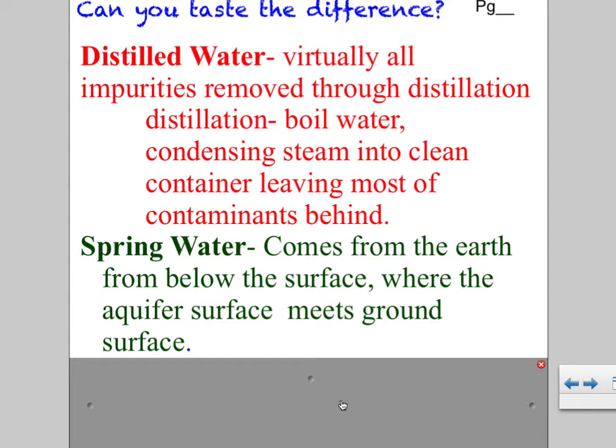Notice that this is a natural water that comes out of the spring, but it has not gone through a process of cleaning. It would be thought to be the freshest water until they realize that the ground has contaminants. The ground is not a natural cleaner.